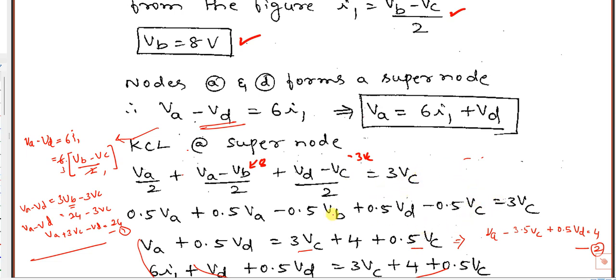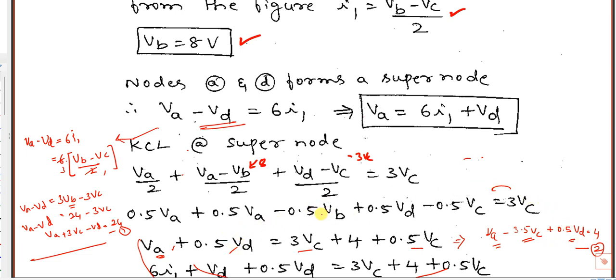And if you simplify this, you will get 0.5 VA, 0.5 VA is VA, this is correct, and 0.5 VD is also correct. This, if you bring it to the left side, becomes minus 3 VC. 0.5 VC is minus 3.5 VC. This is VA and 0.5 VD.